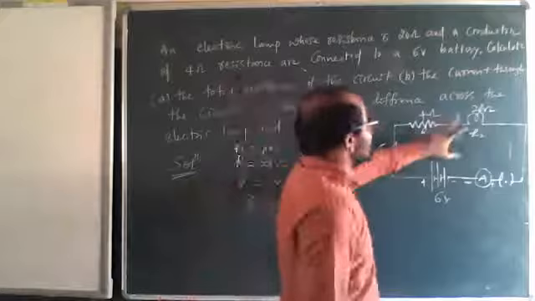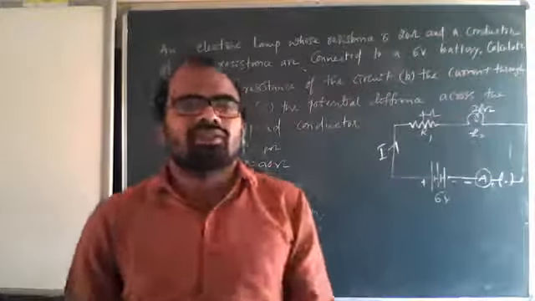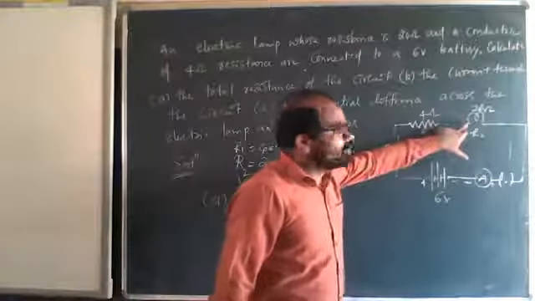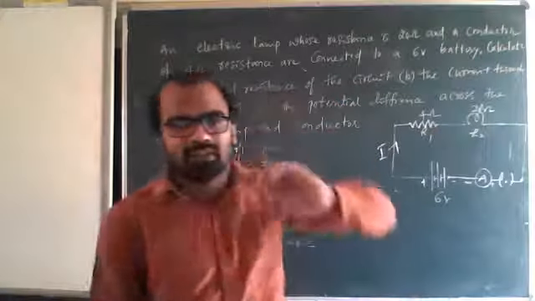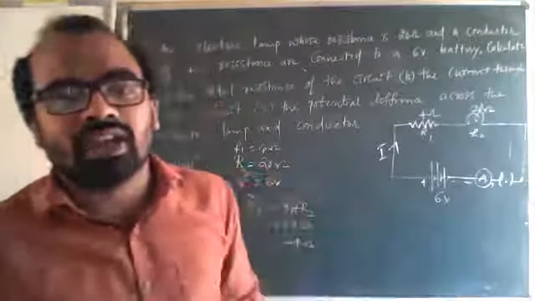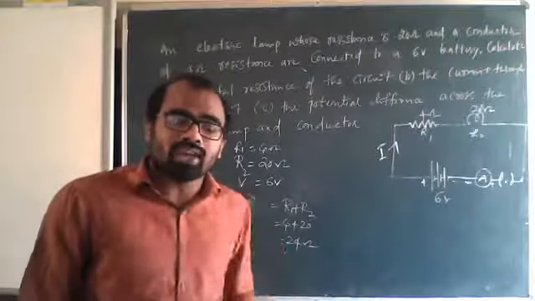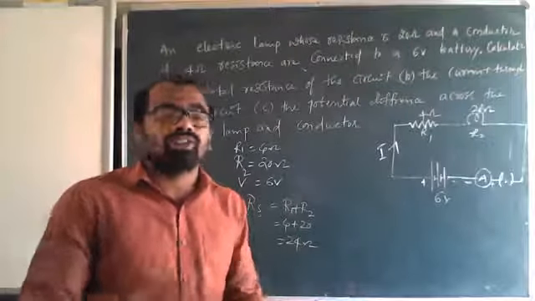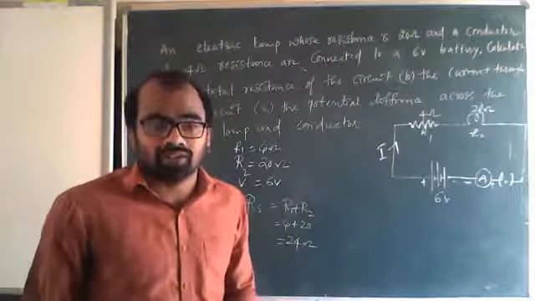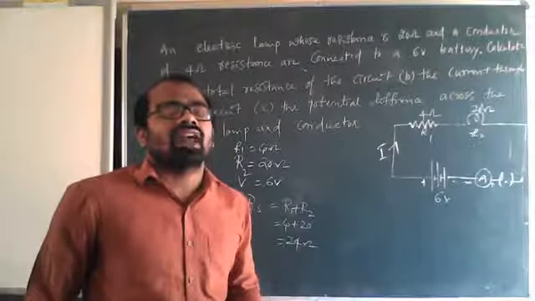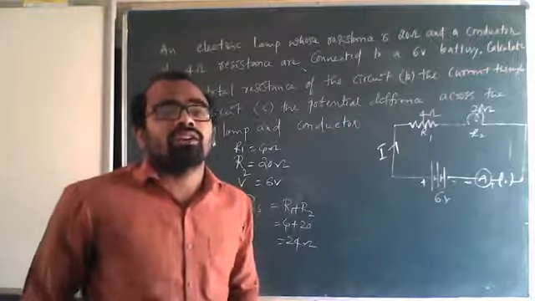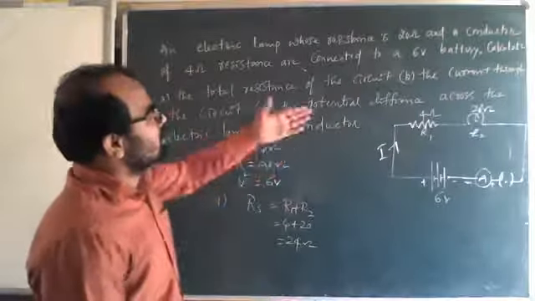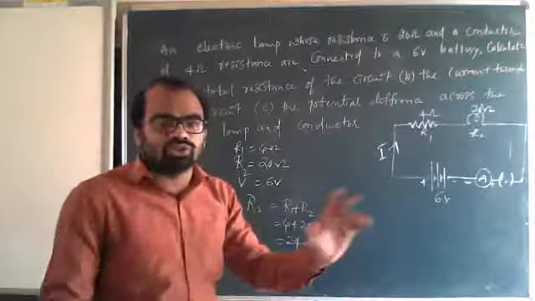Here two resistors are in series, meaning they are in end-to-end connection, not parallel. When they are in series, the total resistance of the circuit is nothing but both resistances added together. So 4 ohm plus 20 ohm becomes 24 ohm.